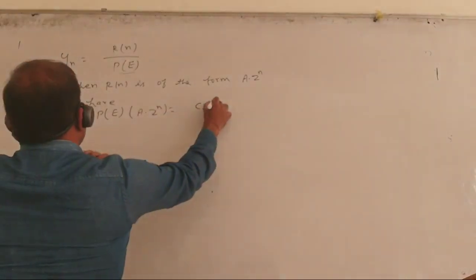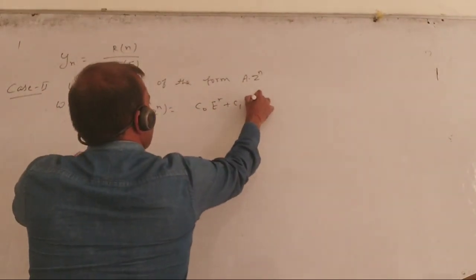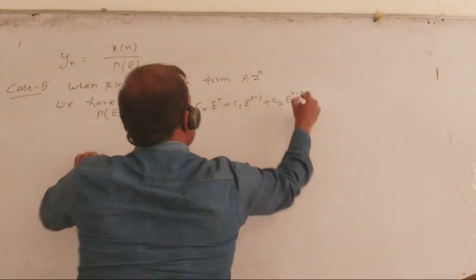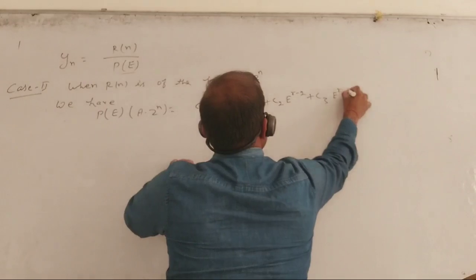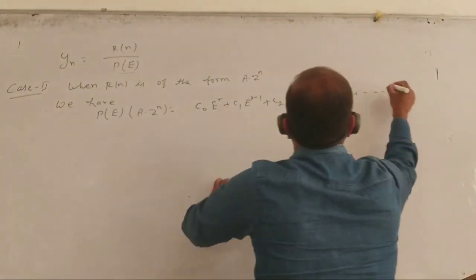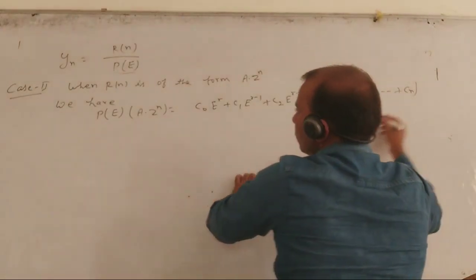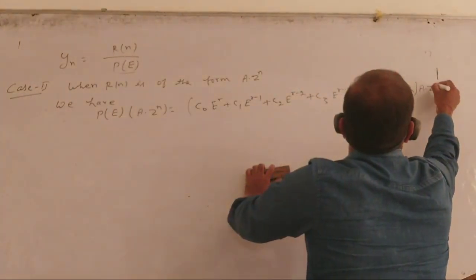equals C0 E^r plus C1 E^(r-1) plus C2 E^(r-2) plus C3 E^(r-3), and so on, and it will go up to plus Cn into A into Z^n.